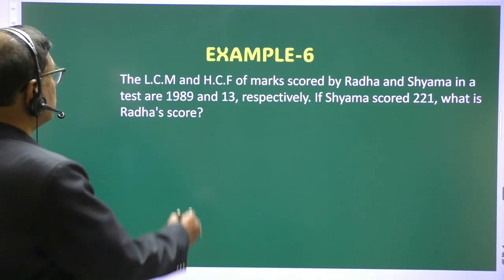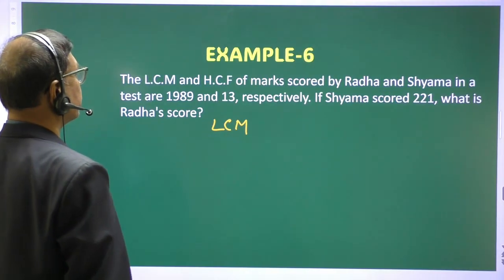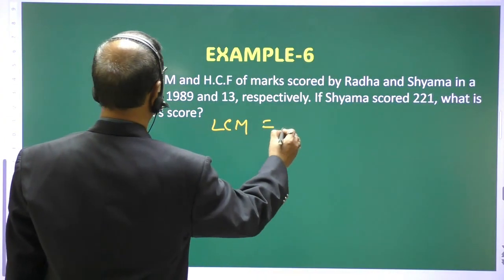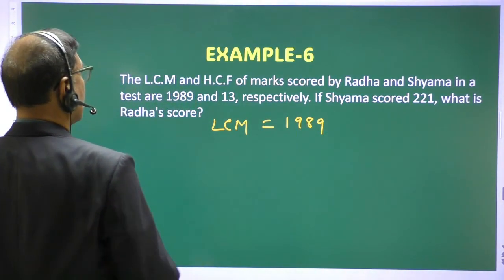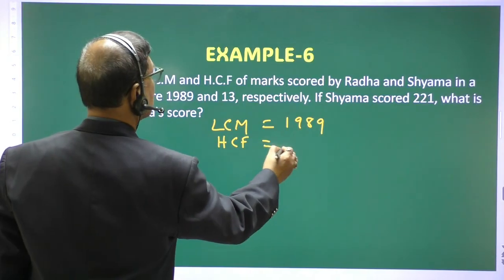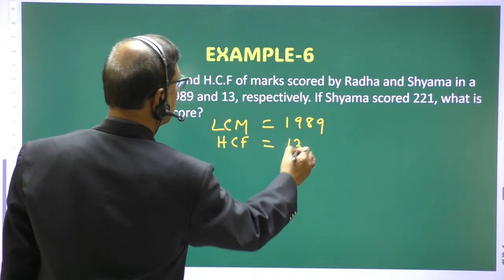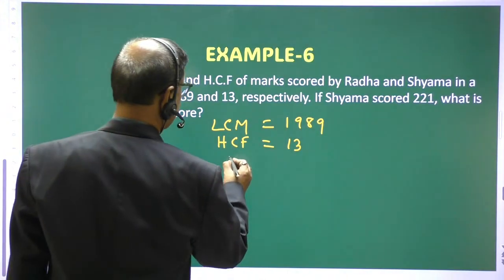So we know the LCM value, 1989, and we know the HCF value, 13, according to the question. And we know Sama scored 221.